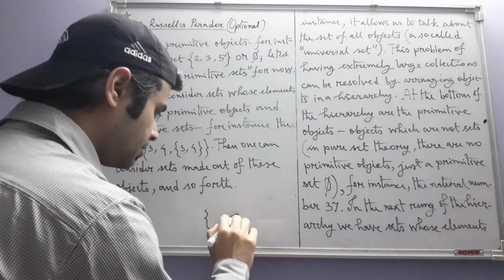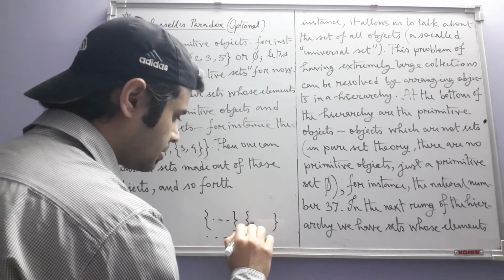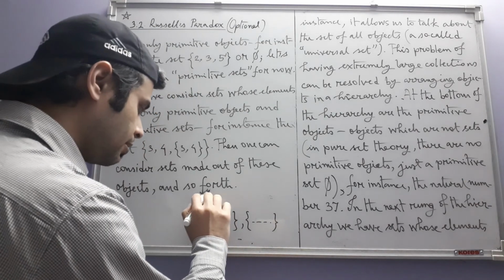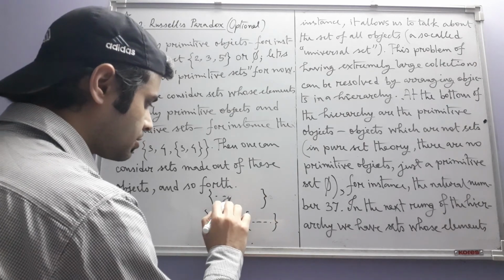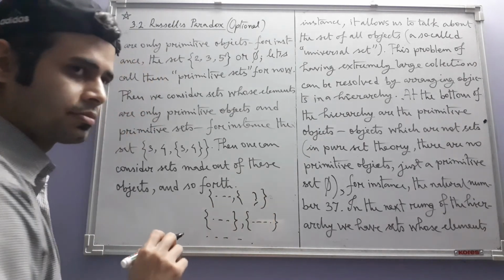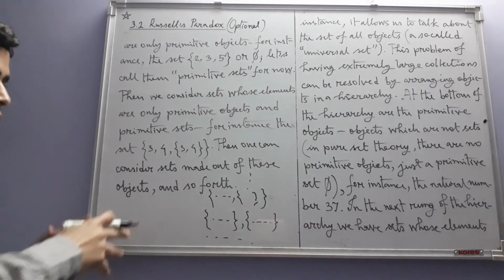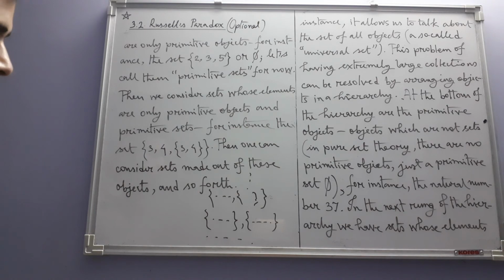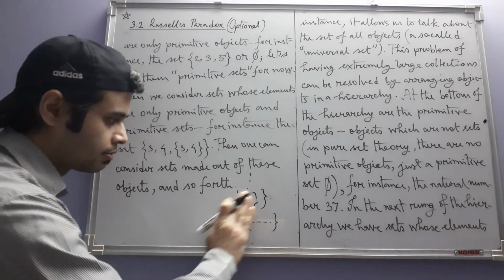Then in the next rung we have sets consisting of primitive objects. Then in the next higher rung we have sets consisting of primitive objects and primitive sets. And then it goes like that to more and more complicated sets. But what is the point in doing all these things?